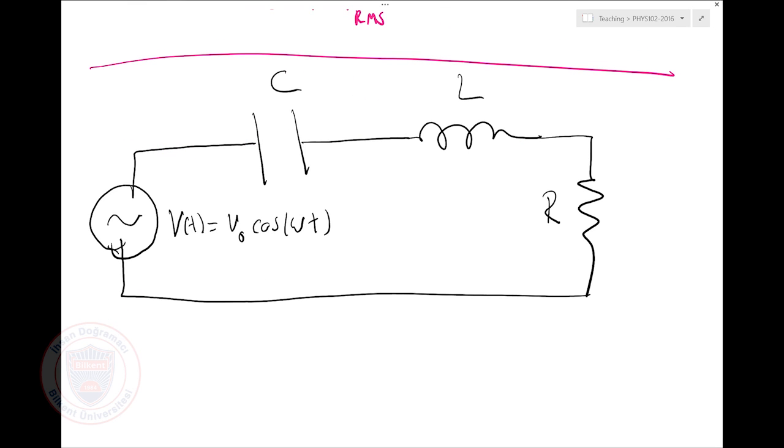Okay. Now, once again, I would like to find out two things. First, I would like to find out the current here, and the second thing is I would like to find out the voltage here.